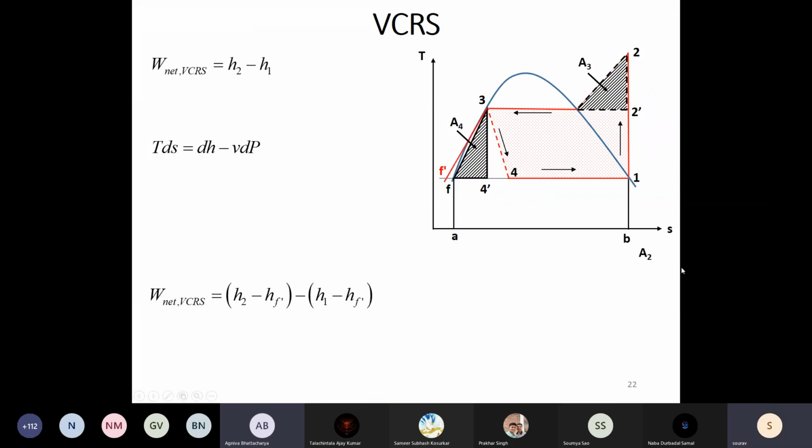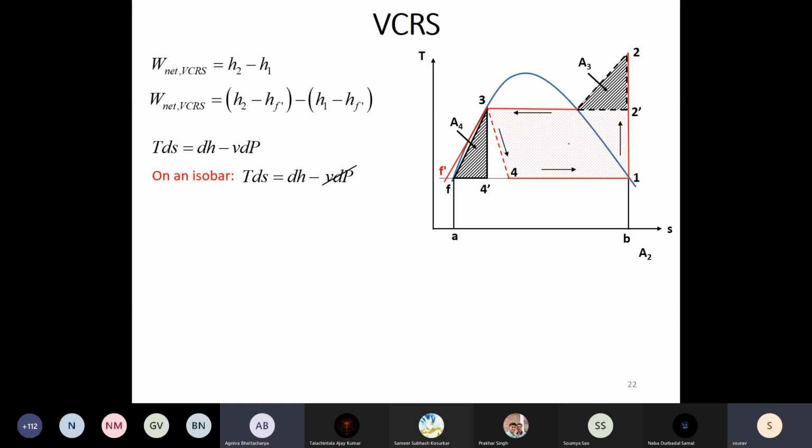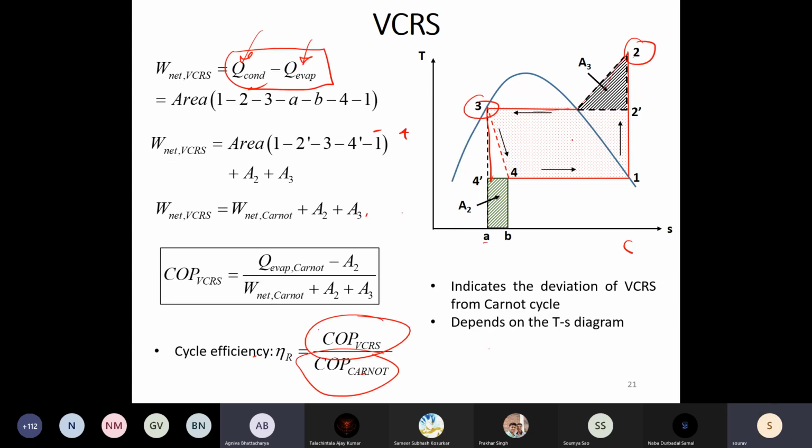Okay, so now let's focus on these additional losses that we are incurring. This is one loss, this is one loss. The top triangle, this loss we have taken by removing that isothermal compression process which was happening over here. We have removed that isothermal compressor and we have placed one single compressor which does the entire compression from 1 to 2.